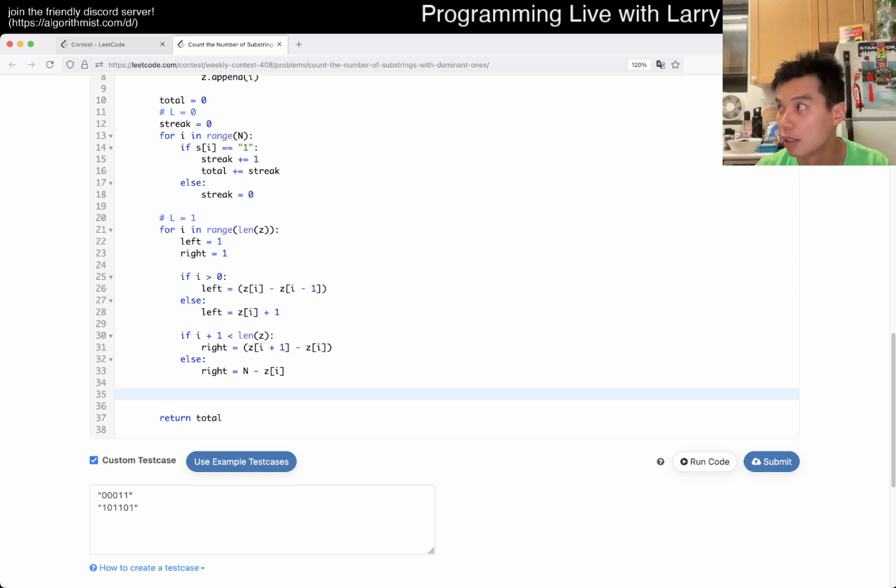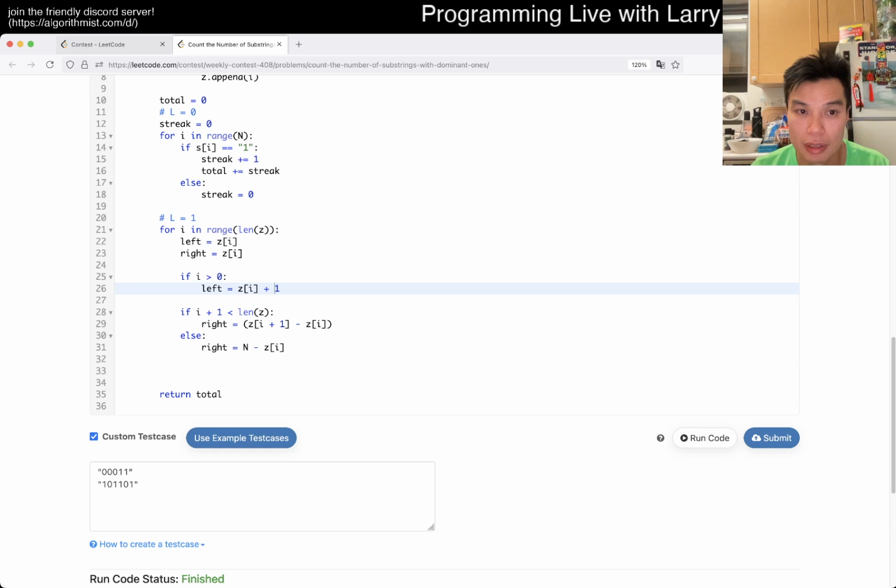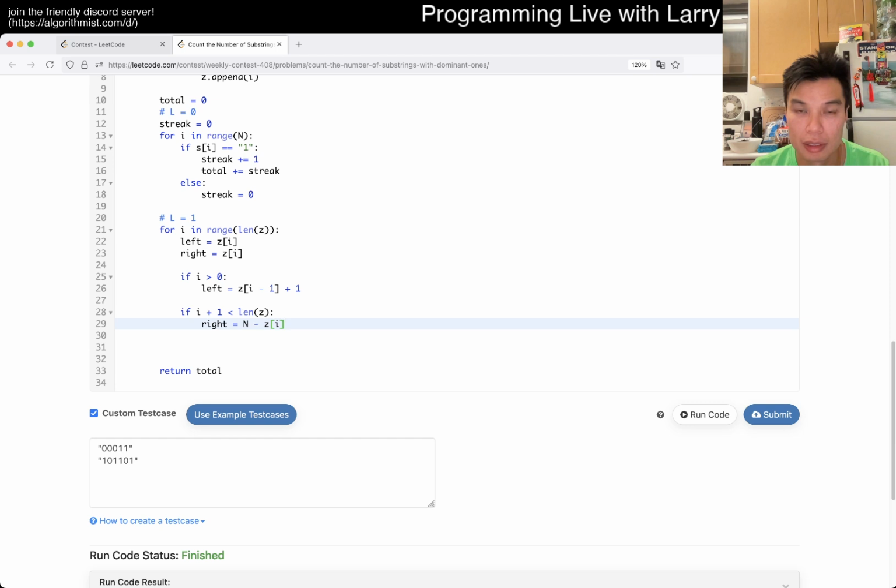Okay, so then I did it for the wrong thing. Okay, so that means that the left is just going to be, yeah, okay, and then now the right is just going to be this, right?